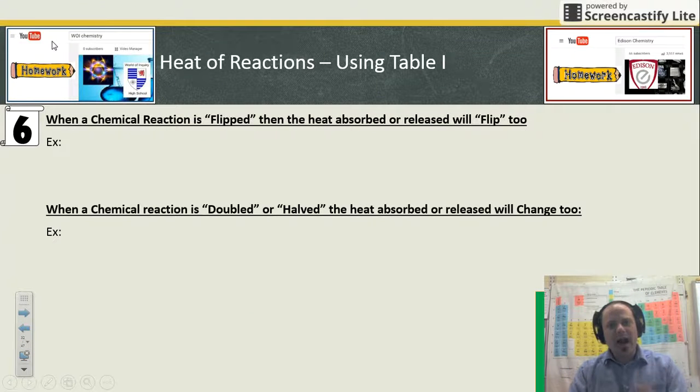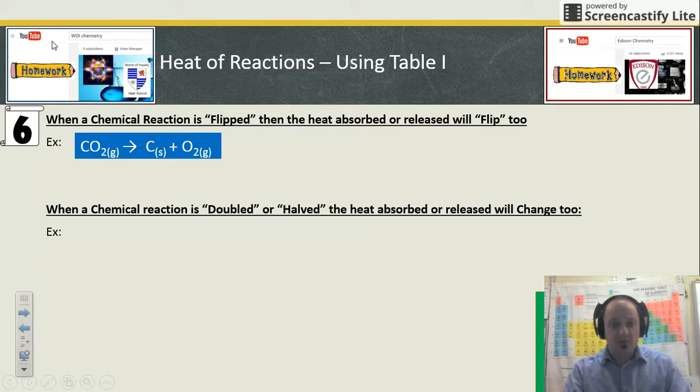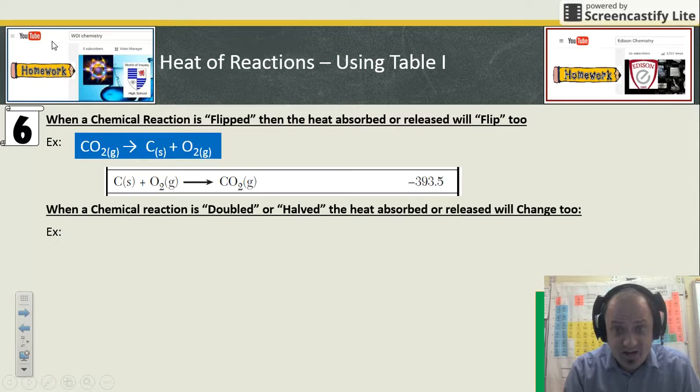So when a chemical reaction overall is flipped back and forth, right? If we write it in one direction, but we reverse it, the heat will be reversed as well. So example, carbon dioxide gas can be decomposed into carbon solid and oxygen gas. Okay, this is on table I. There it is. It says that that reaction is a negative value for delta H, which means it releases heat.